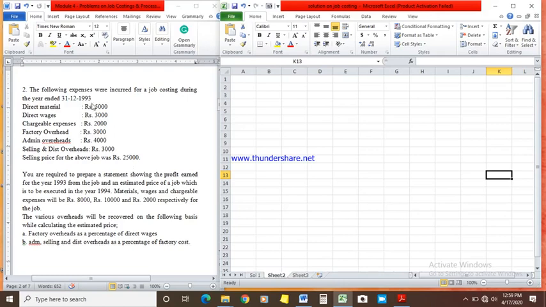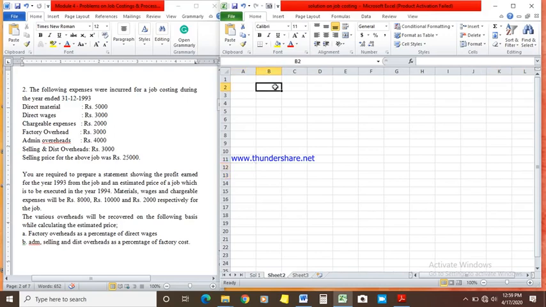So first, for the year 1993, we need to prepare a small cost sheet and find out what profit the firm has made during this period, and then we also need to find out how the factory overheads are going to be recoverable in the next 1994 period.